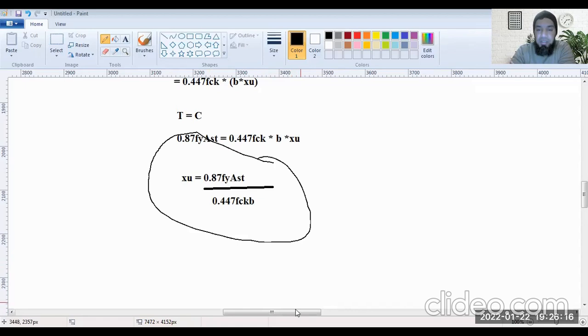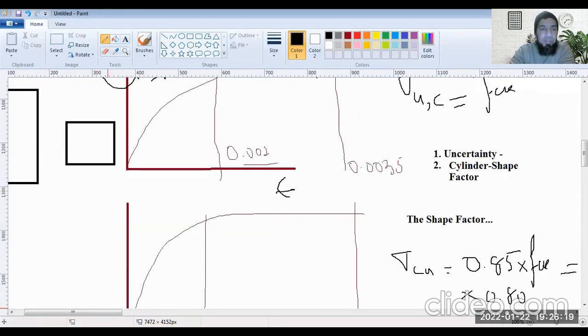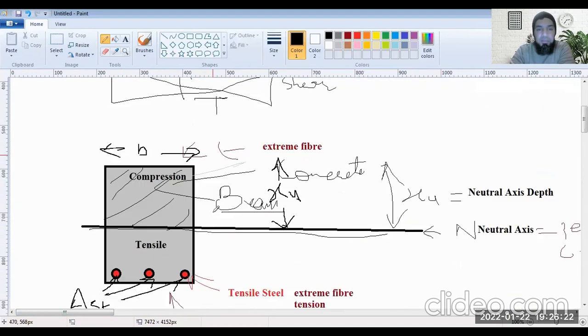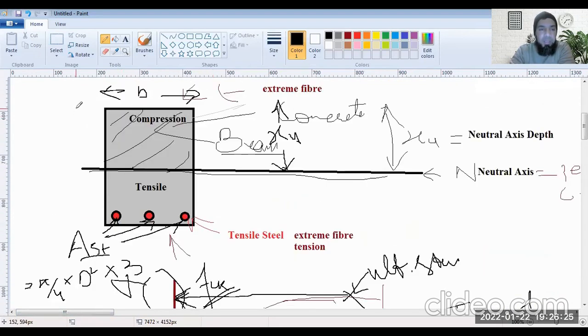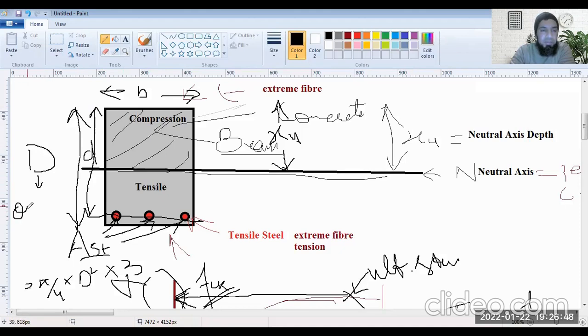I'll just finish within 5 minutes. If the total depth of this beam is D, capital D, then up till the center of these steel bars, we take small d. The capital D is known as the overall depth of beam, and this small d is known as effective depth.